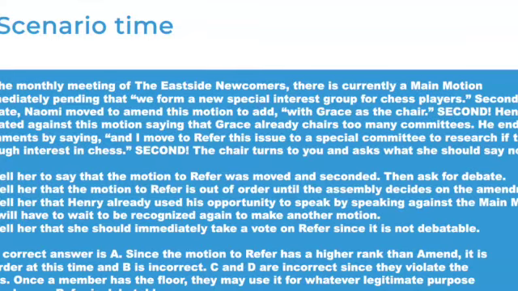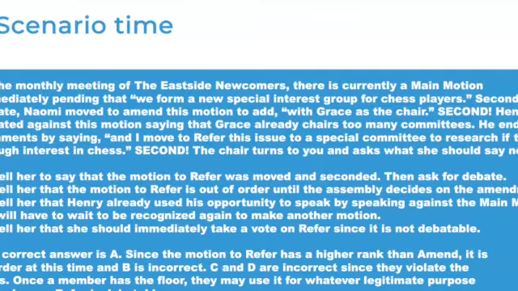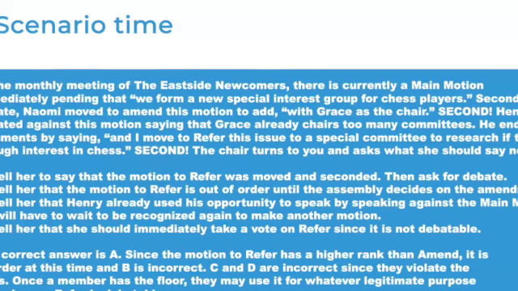So the other choices, B, C, and D, are not even necessary to read because I kind of gave away the answer a little bit too early. But if the motion to refer shows up, it is a higher ranking motion than the motion to amend. So that has to be taken care of before going back if that motion to refer doesn't pass.